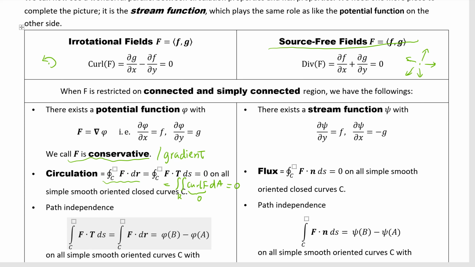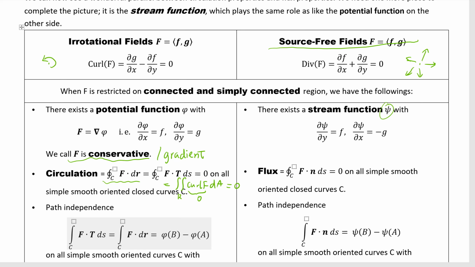So what does the stream function do? The partial of psi with respect to y equals F, and the partial of psi with respect to x equals minus G. So this is a stream function.